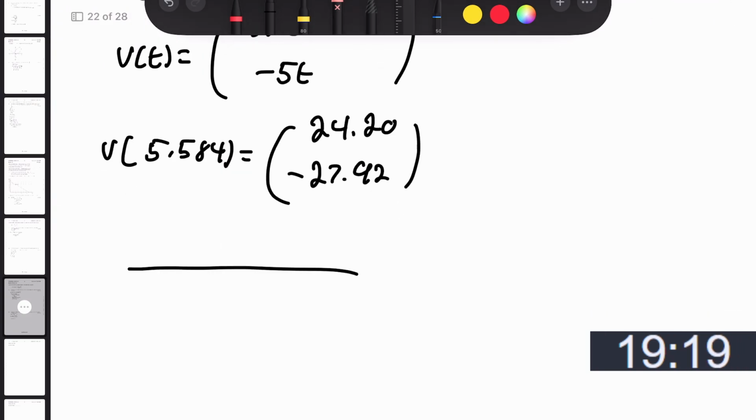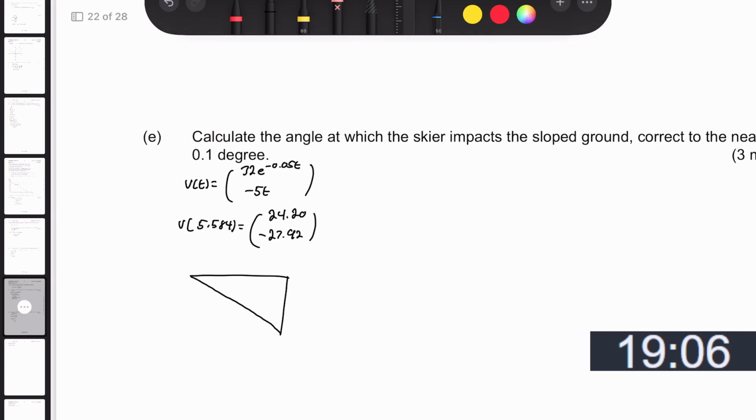So let's draw my triangle. Like that. Impacts the sloped ground.